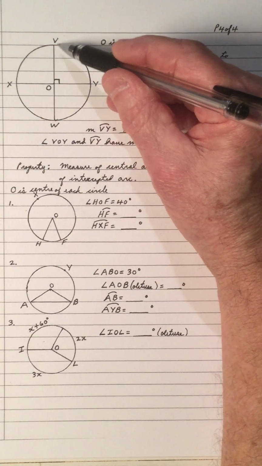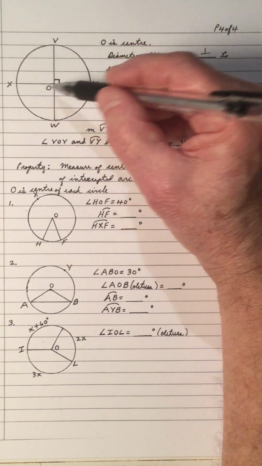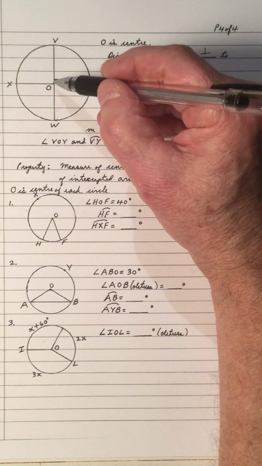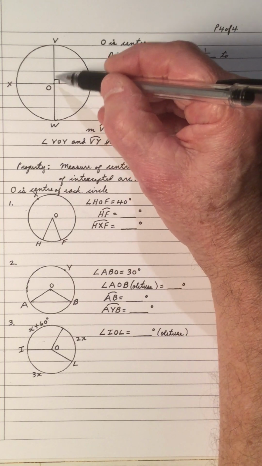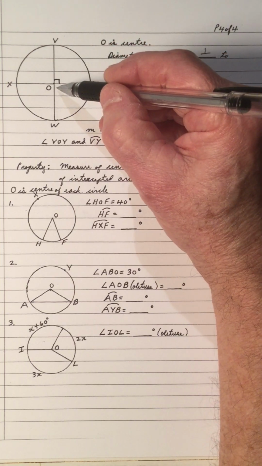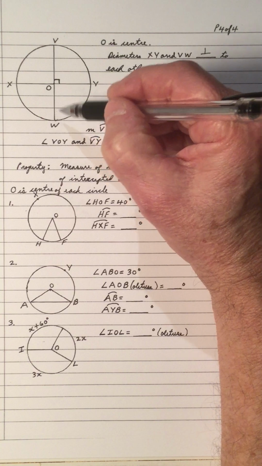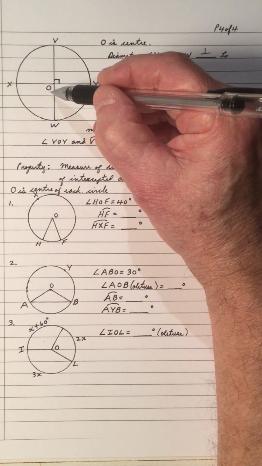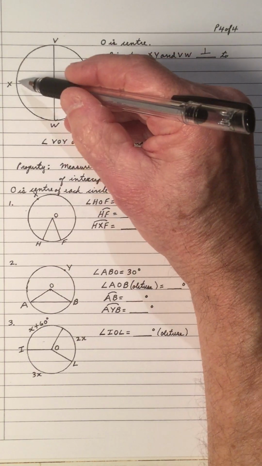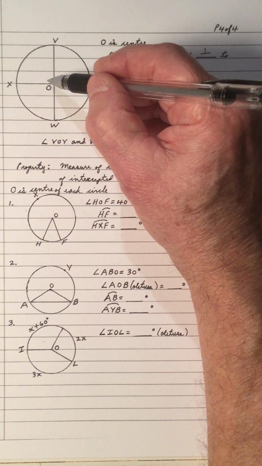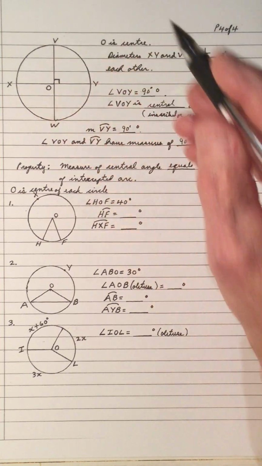With the diameters perpendicular to each other, I got a 90 here and a 90 here, so this angle is equal to this arc. This angle is 90, equal to the measure of this arc, and so on.